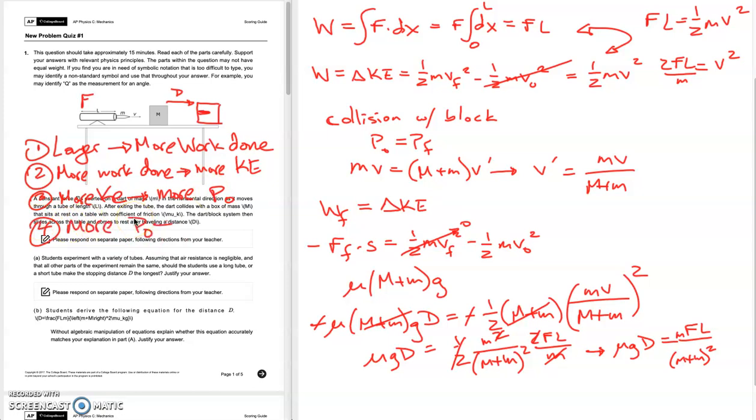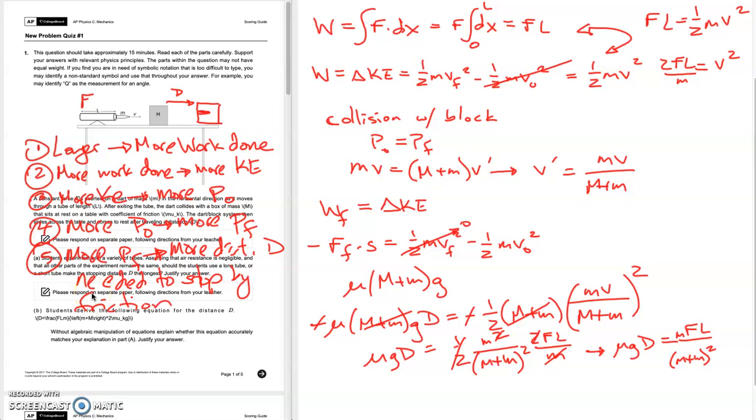More original momentum. More final momentum after they collide. And then 5, more final momentum. More distance needed to stop by friction.